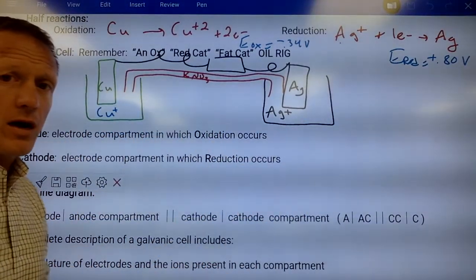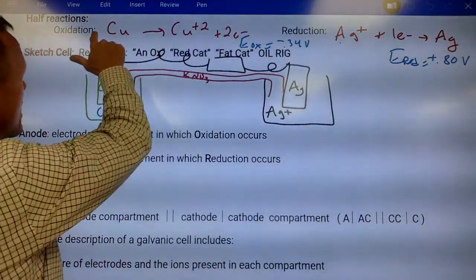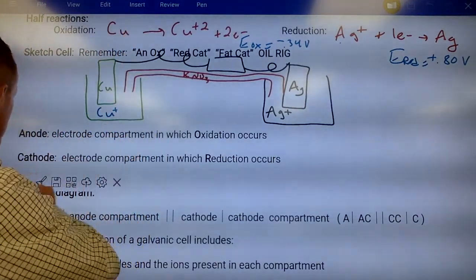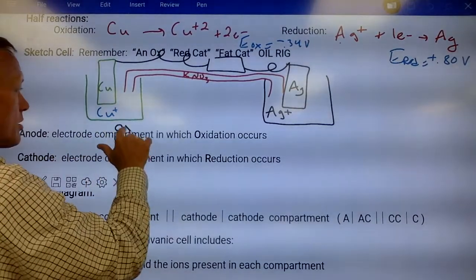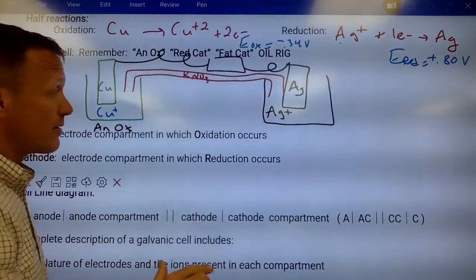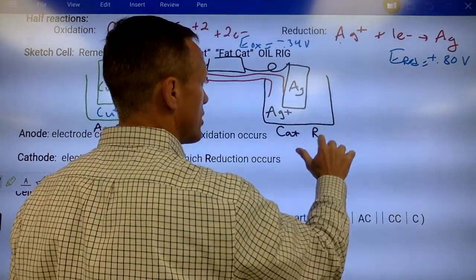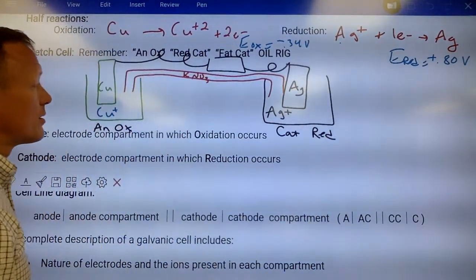Okay, so who's being oxidized, who's being reduced? Well, copper's being oxidized. So this is our anode, and you could draw the anode on either side. Okay, it could be either side. This is our cathode. A reduction is occurring.